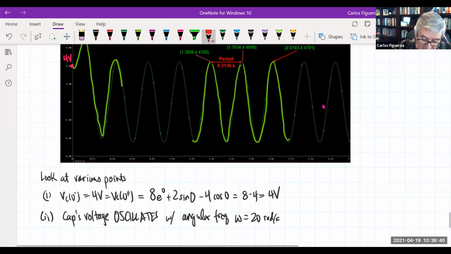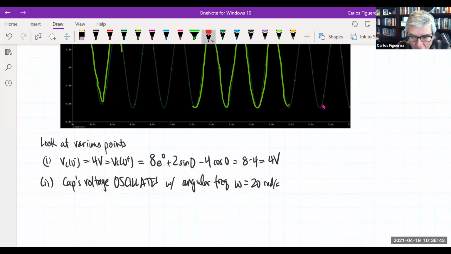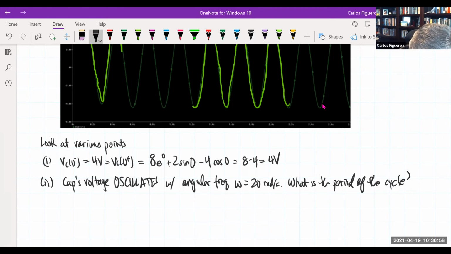So then I said, well, if that's true, what is the period of the cycle? I know that the angular frequency must be 2 pi f, and this is 20 rads per second.